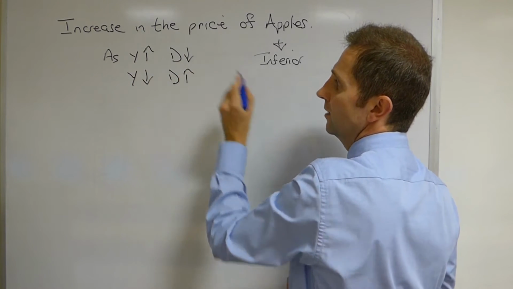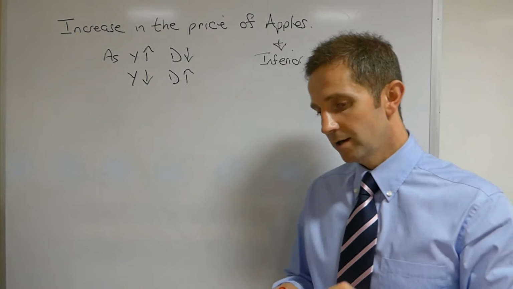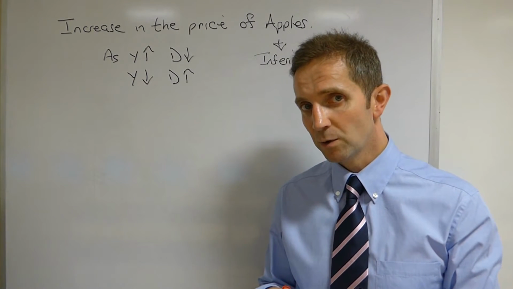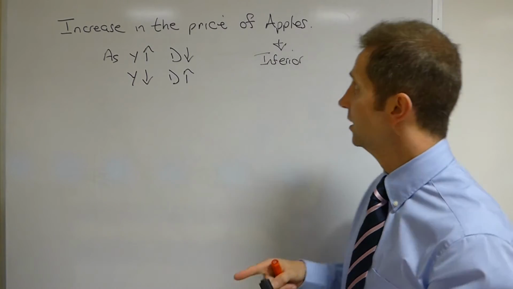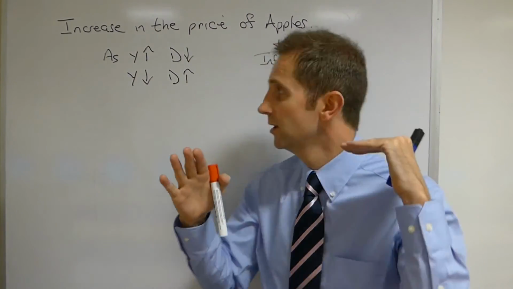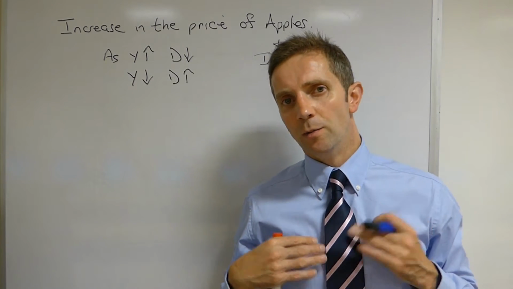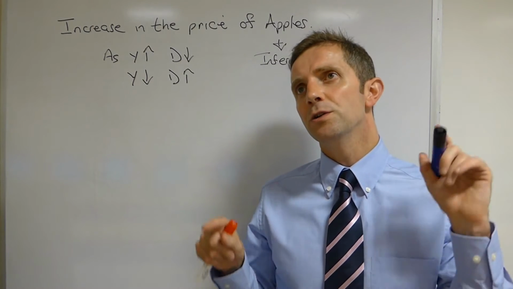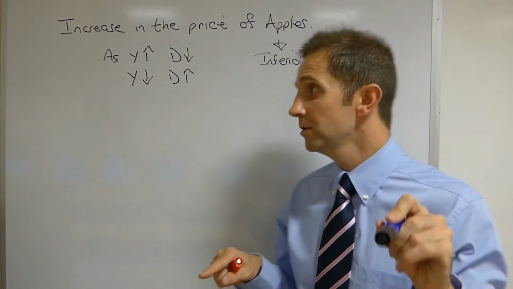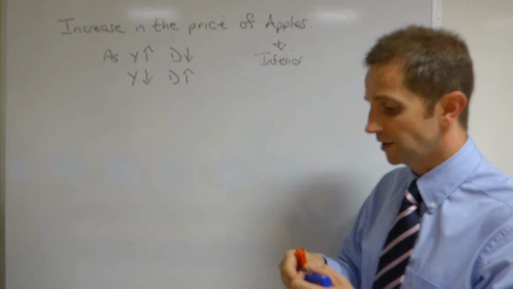or as income falls, the demand will rise. Now you can consider this in another way, and this is the way you'll need to consider it when you're doing these diagrams. We can say that as the price of apples rises, what effect does that have on your income? Well, that would lower your income, wouldn't it? So your income would be falling, and hence your demand would be rising.